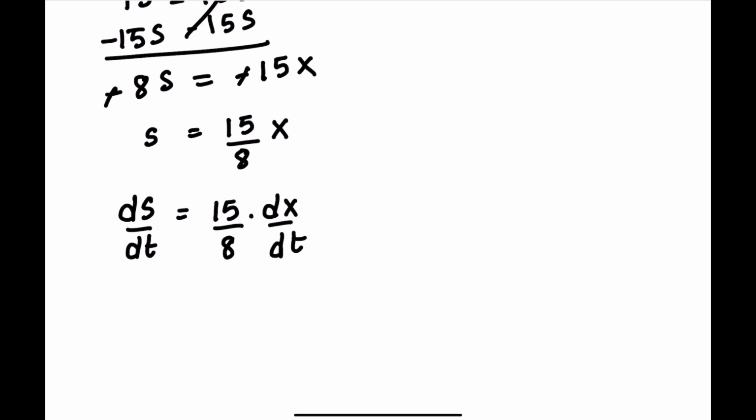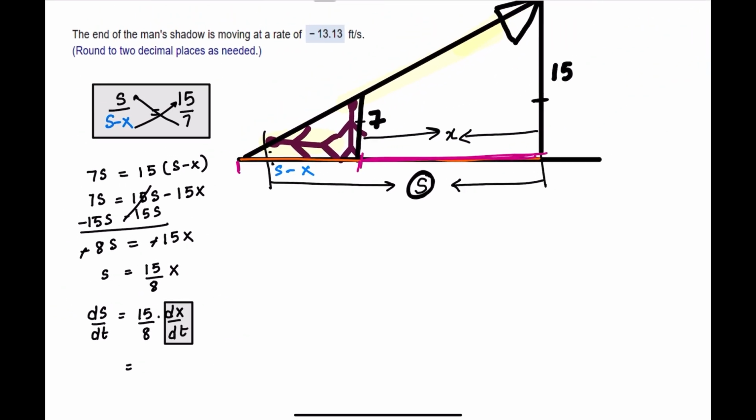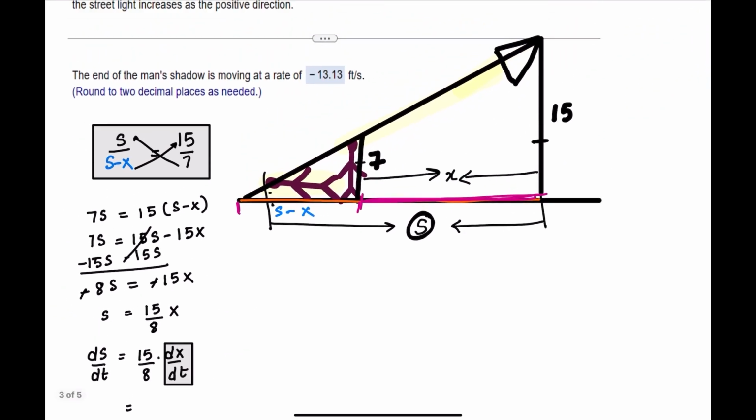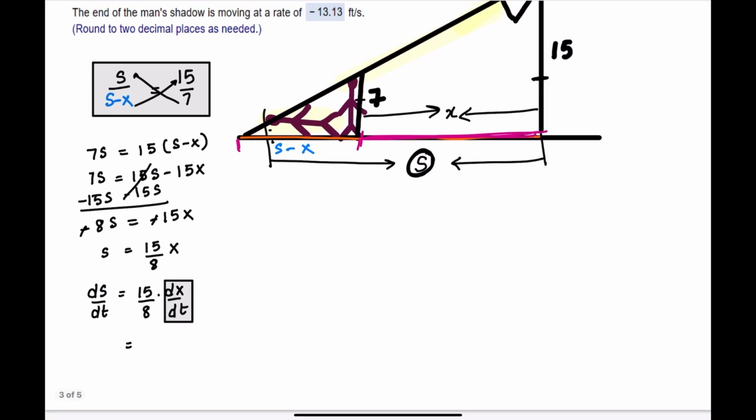Now you might say, Miss, we have nothing here. No, we do. I do know what dx/dt is from the problem. Remember, x is the distance that the man is moving, and we do have his speed. What is his speed? 7 feet per second. So all I have to do is 15 times 7 divided by 8.